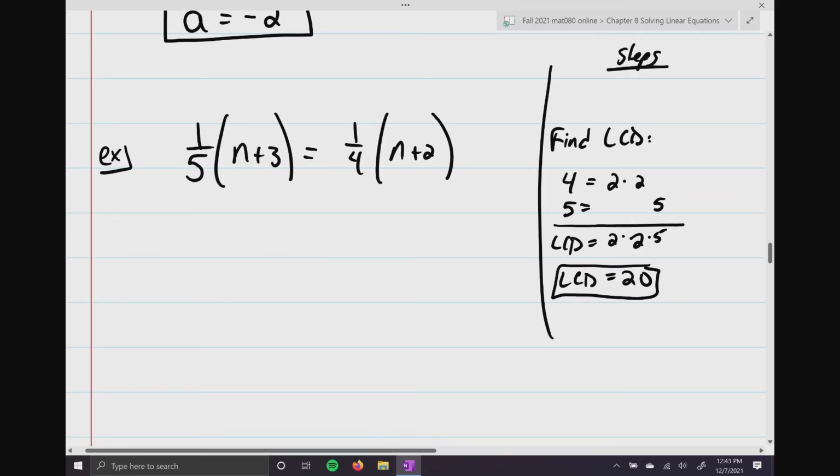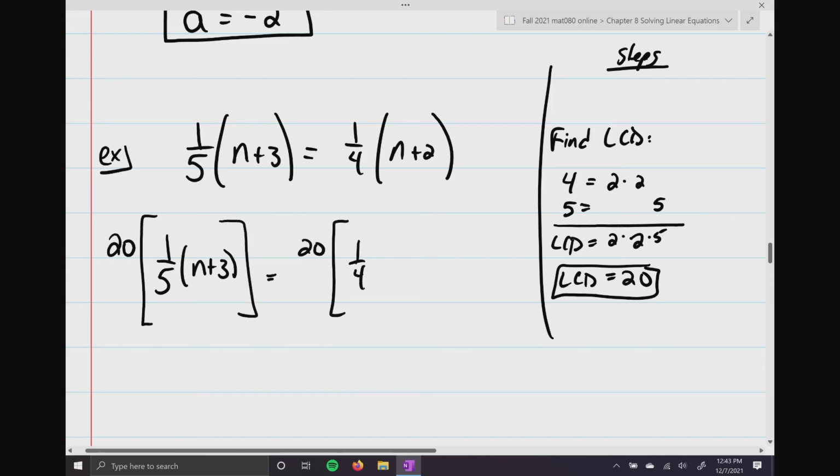So step 1 says find the LCD and multiply all the terms by it. So watch how I set this up. 20 times 1/5 times the quantity n plus 3 equals 20 times 1/4 times the quantity n plus 2.